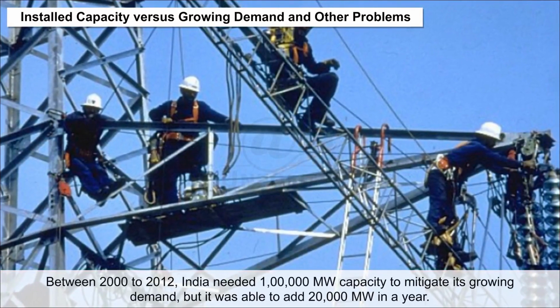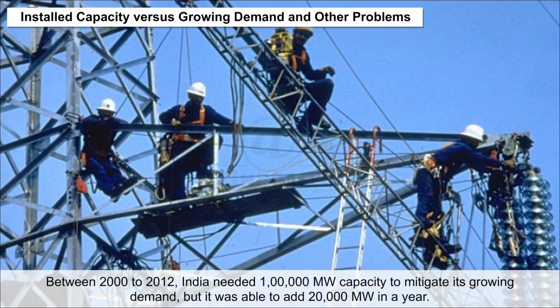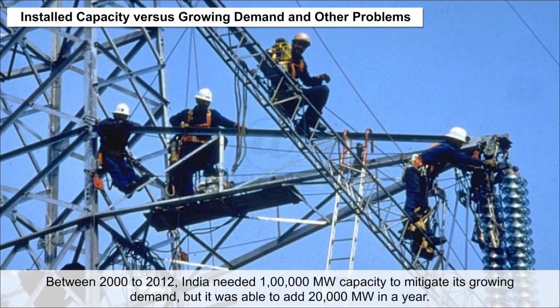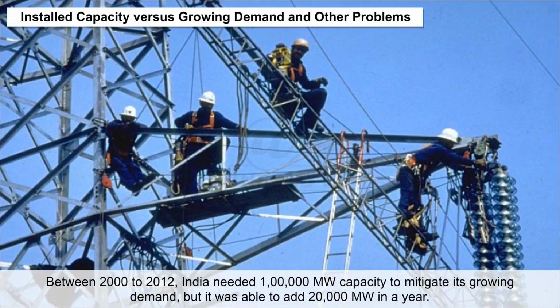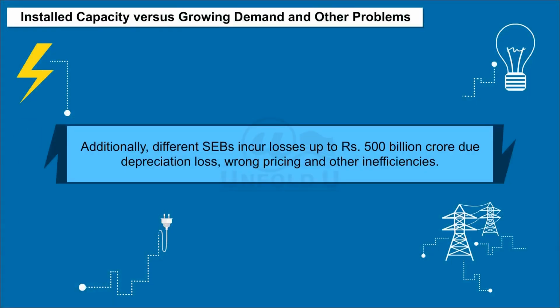Between 2000 and 2012, India needed 1 lakh megawatt capacity to mitigate its growing demand, but it was able to add only 20,000 megawatt in a year. Additionally, different SEBs incur losses of up to Rs 500 billion due to depreciation loss, wrong pricing, and other inefficiencies.